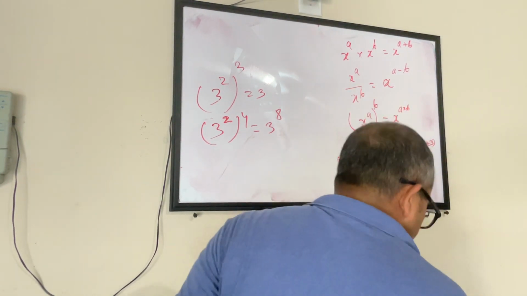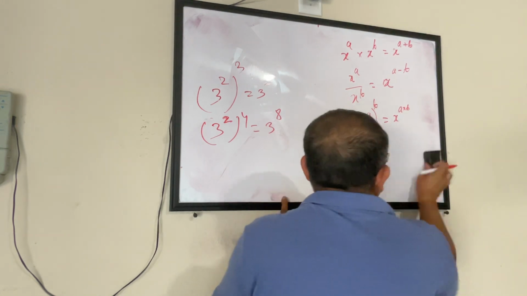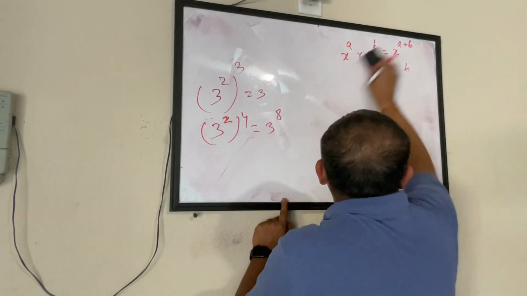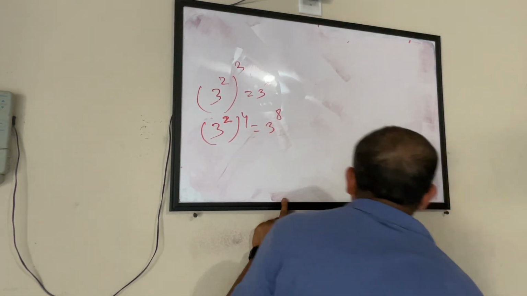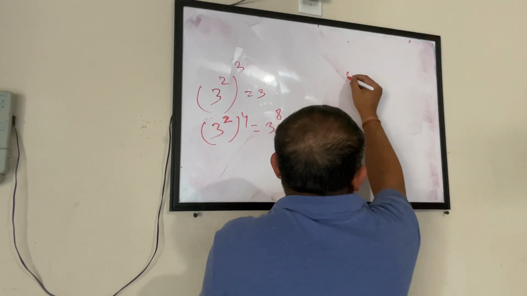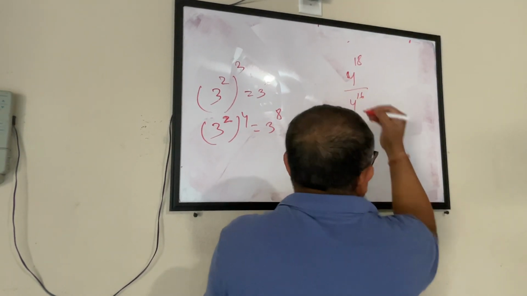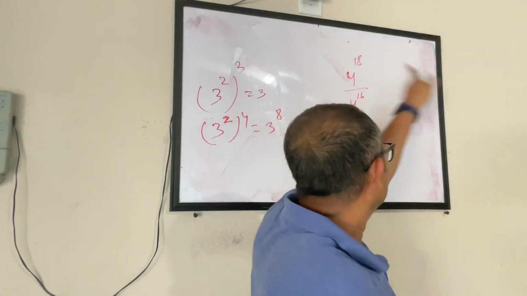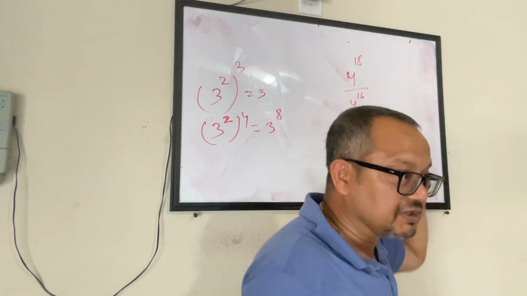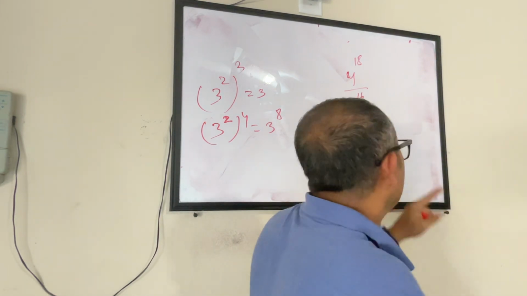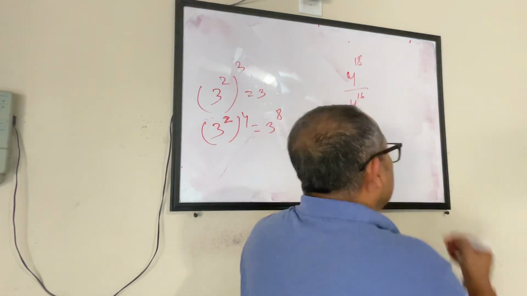Tomorrow somebody says, find out 4 to the power 18 divided by 4 to the power 16. Would you write 4 eighteen times and then sixteen times and then work it out? That will be a waste of time. Since you know the formula, you can just apply it.